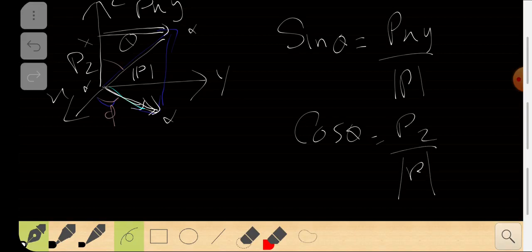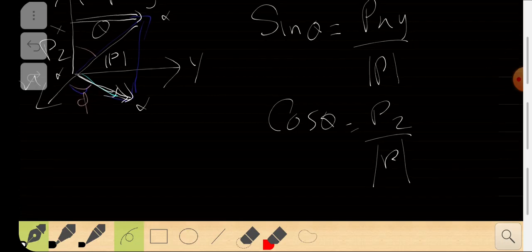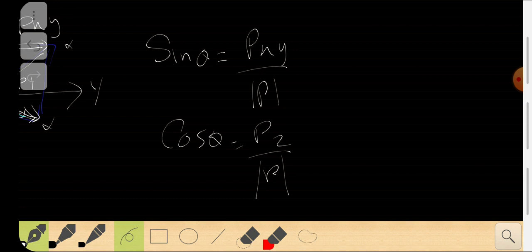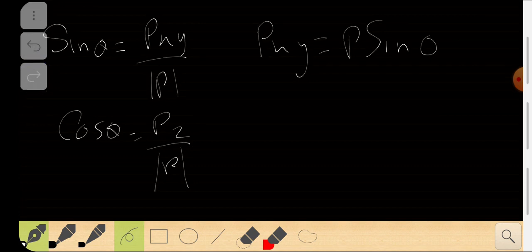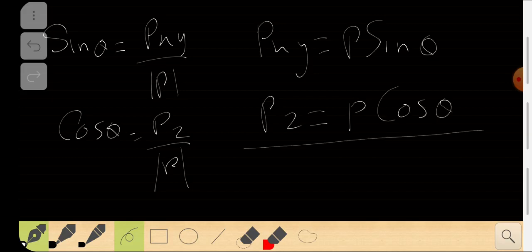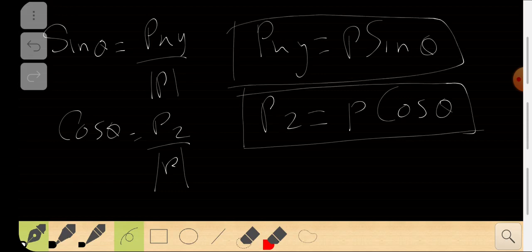So you got sine theta and cos theta here. Now you can easily say that pxy is equal to magnitude of p times sine theta, and pz is magnitude of p times cos theta. So we have found pz and pxy, and now we need to find px and py.